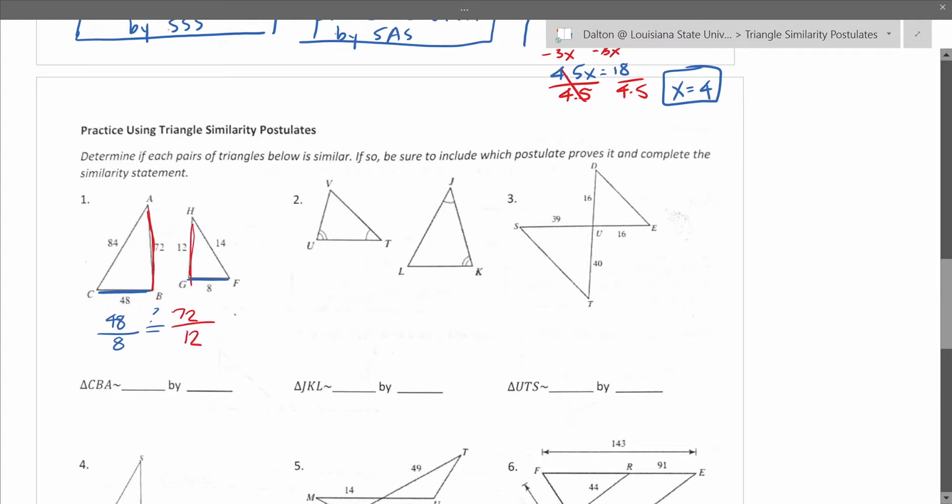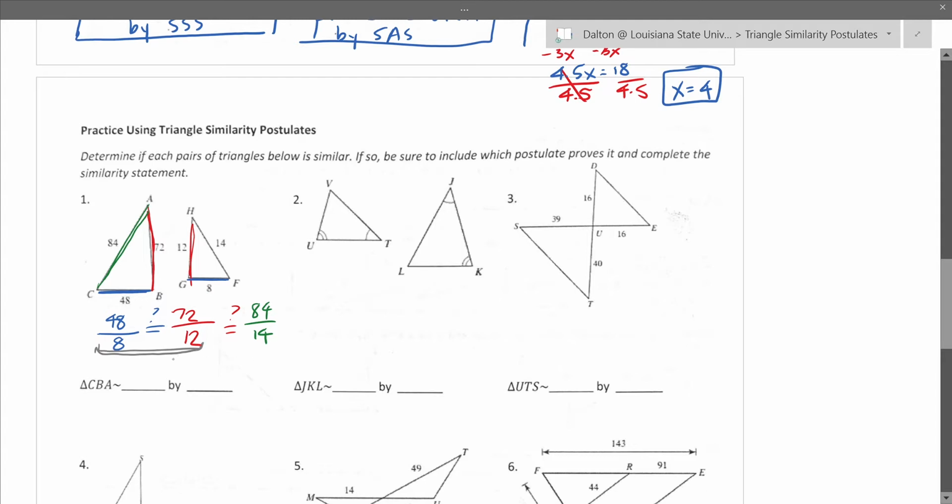And does that equal the third side, 84 over 14? And again, you can do cross multiplication, but if you cross multiply, you have to make sure that you cross multiply and check this proportion, and then go ahead and check this proportion.